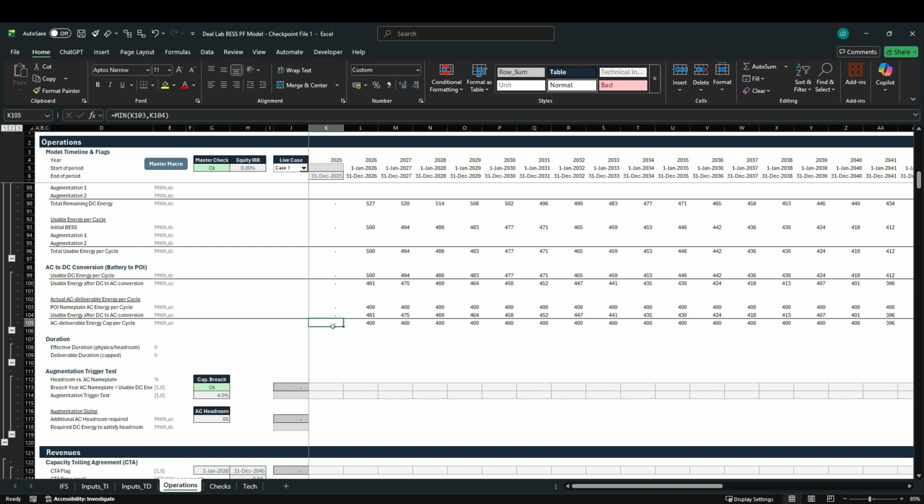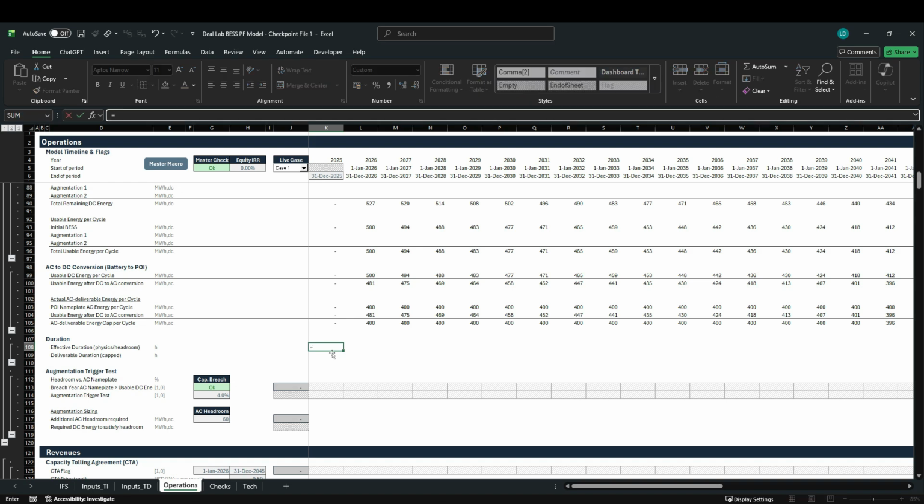And now that we have determined the physical energy that we can deliver back to the point of interconnection, we can calculate the effective duration. And we will use an if-error statement here because we will divide by 0 in our first year. So if-error.